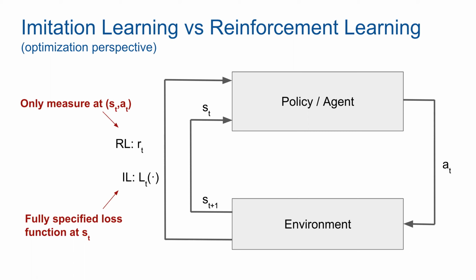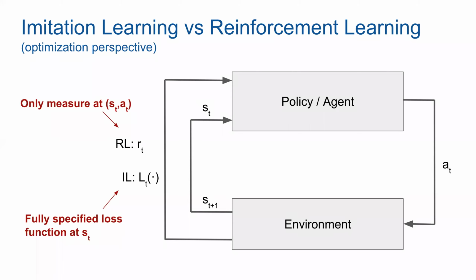If the demonstrator said, at this state you should take this action, and that's the only signal you have for learning, because you're not actually even measuring reward from the environment, then it's basically like a classification problem. At this state, there's one correct answer and a bunch of incorrect answers. So it's like a multi-class classification problem, which means you have this fully specified loss function for this state. You know what the right answer is, and everything else is the wrong answer.